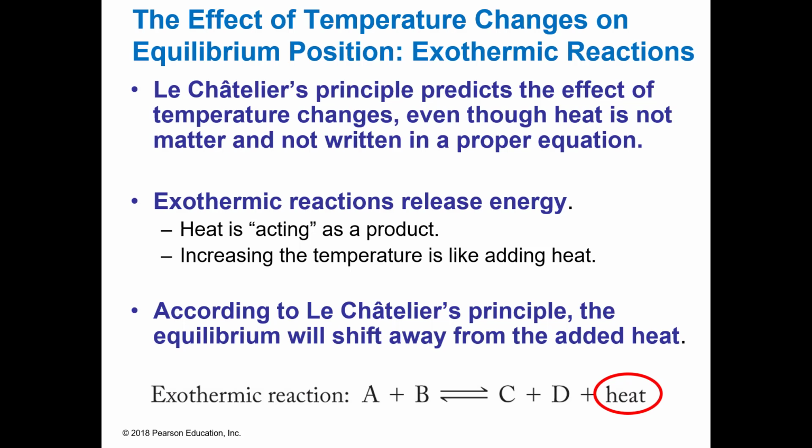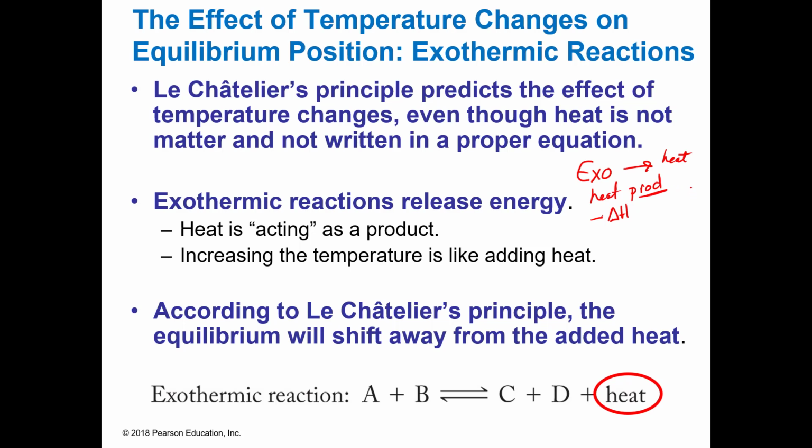The thing to remember is if it's exothermic, it releases heat, so heat is a product. Another way of saying exothermic is a negative delta H. So if it's a negative delta H, it also means that heat is a product.